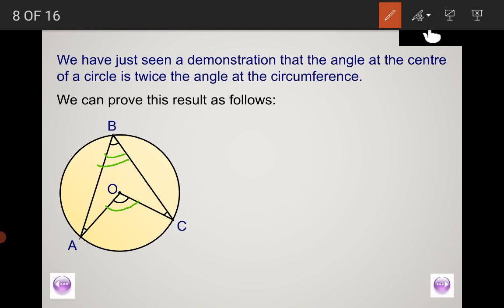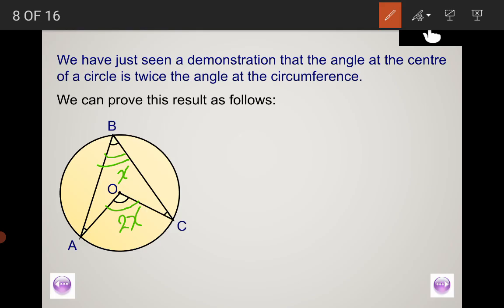If this one is x, then this one is 2x. Whatever value x takes, up at B there, the angle at the center will be twice that. Let's say x is 20, then at the center an angle 40 will be formed. If x is 50, that means the angle at the center will be 100. So we are going to look at this in our next lesson.